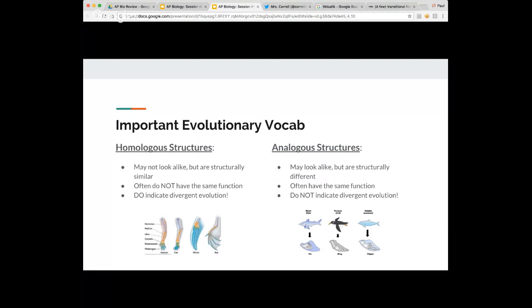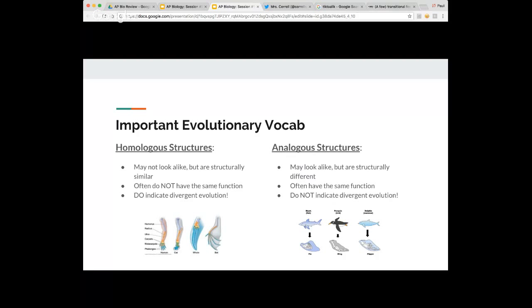So now the other set of evolutionary vocab I want to go over is homologous versus analogous. Homologous structures may not look alike anymore, but they are structurally similar because they branched from a common ancestor. So down in this picture, you can see a human arm, a cat arm, a whale arm, and a bat arm. Basically, they all have the same exact bones, just in different configurations, because over time, these organisms picked up adaptations for different living situations.